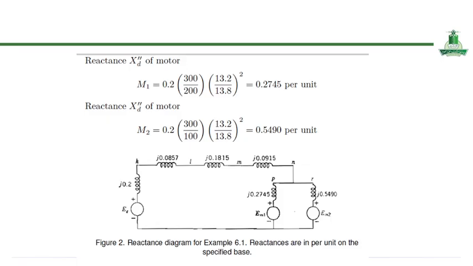The generator is represented with its internal voltage and reactance, while the motors are also shown with their internal voltages and subtransient reactances.